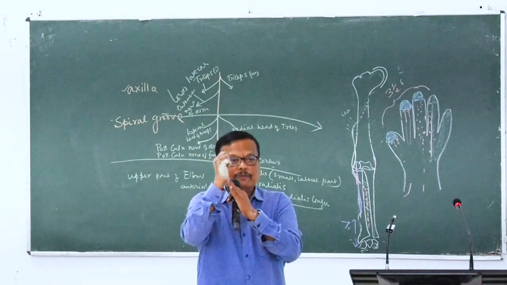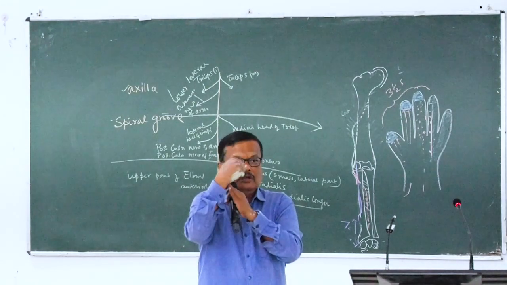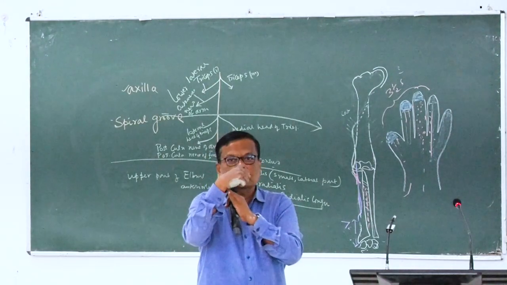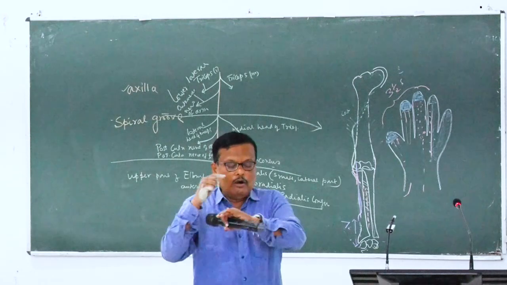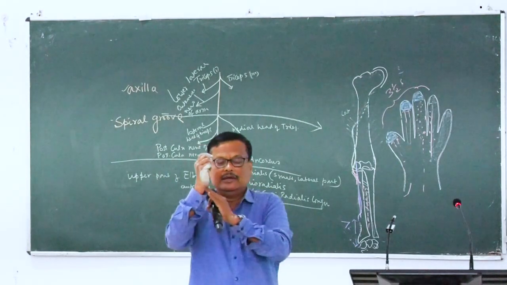Carpus means carpal bone, wrist. So extensor carpi radialis longus is an important muscle of the extension of the wrist joint.